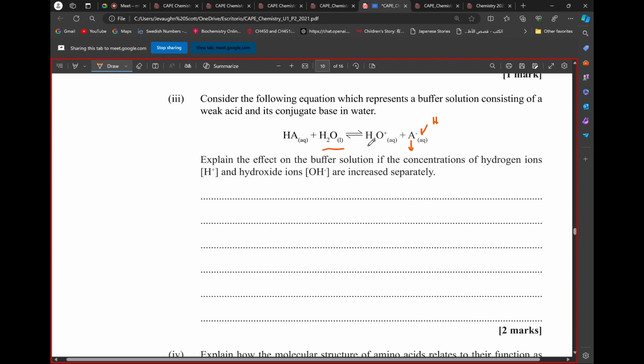So the equilibrium will eventually push this way. And then if we're reacting the base, what we're doing is decreasing the concentration of this, so our reactant will actually go this way. So that is that.